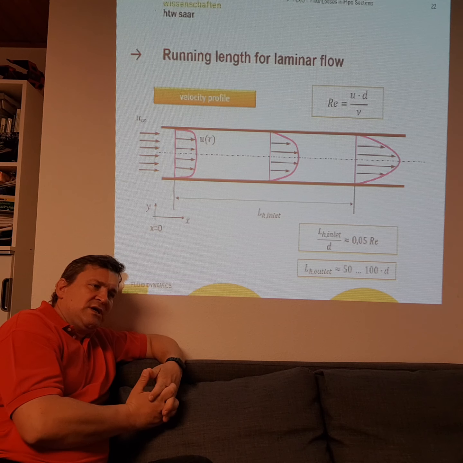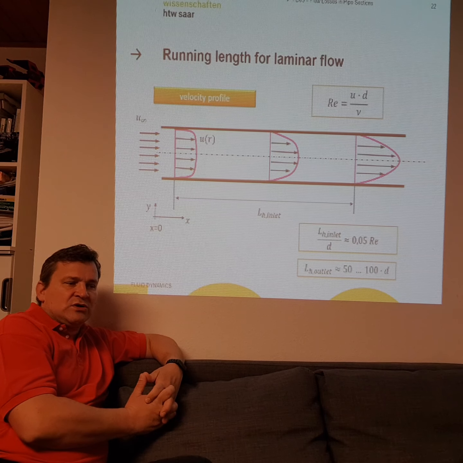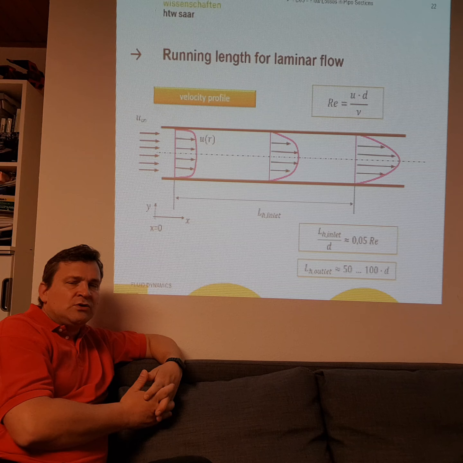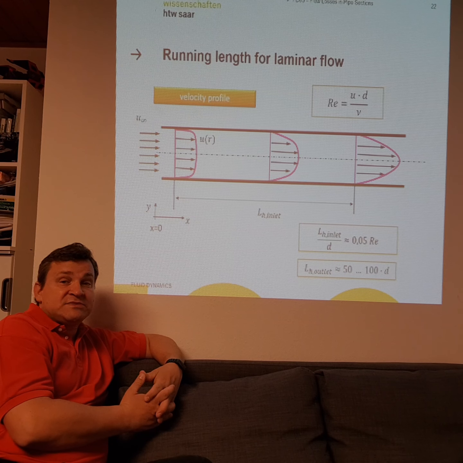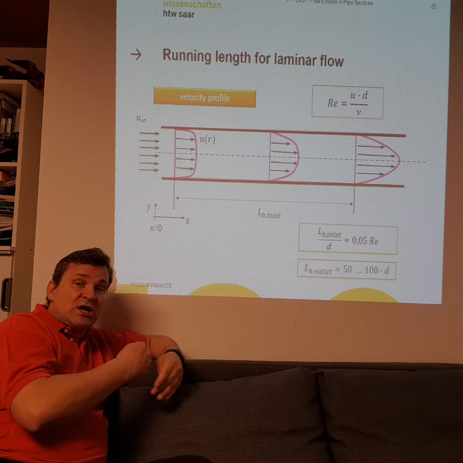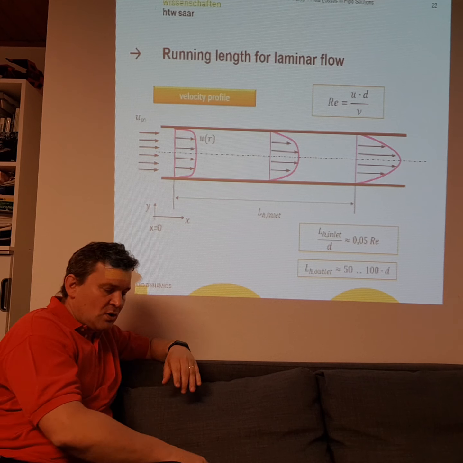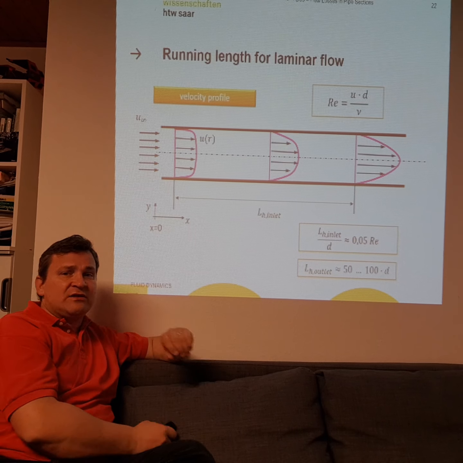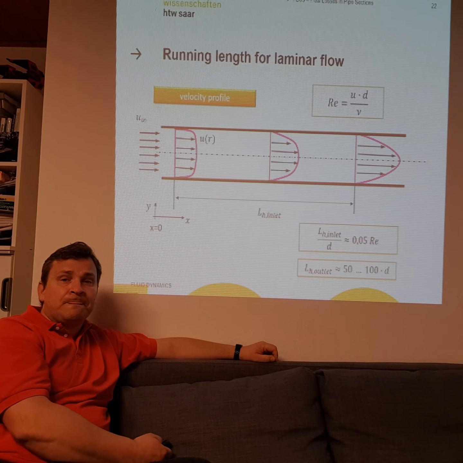This can be really important, for example, in the food industry. If you want to heat up milk, you have to know the viscosity and the density of the milk, and you have to know your pipe system and the length after which you have to produce turbulences again. Or of course in every kind of heat conduction system. This can be really important.